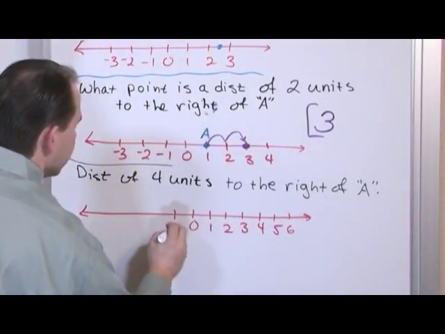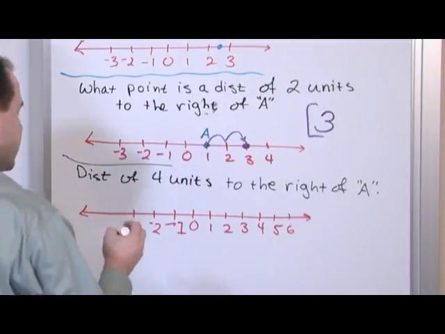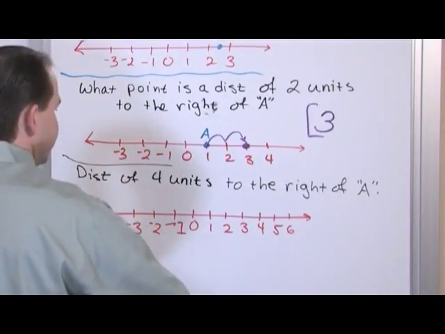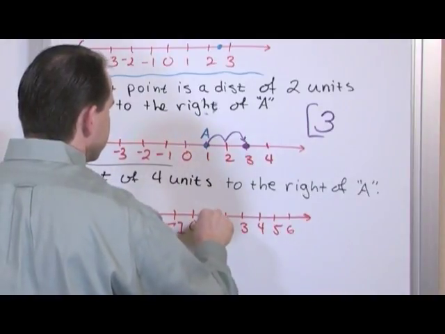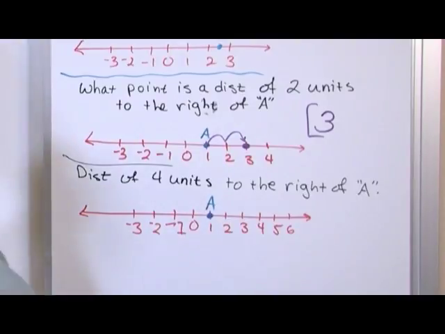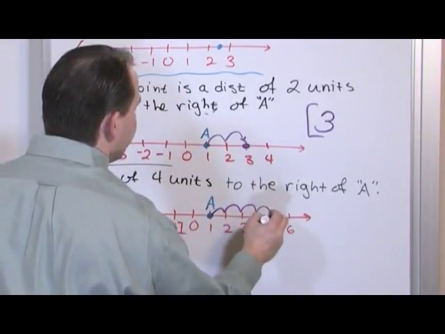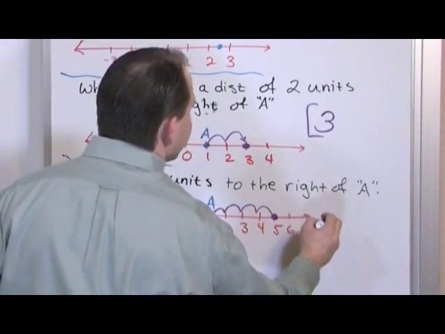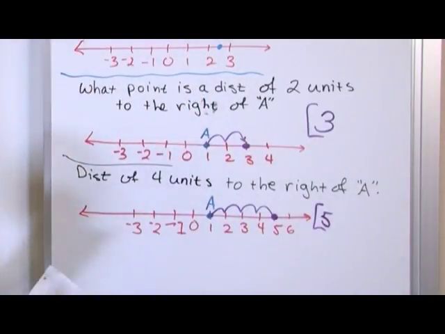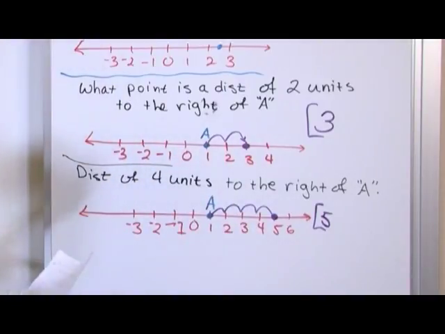And of course, you have your negative numbers. Okay, now A is in exactly the same place as before. So the question is, what point is a distance of 4 units to the right of A? So we start at A and we count 4 units. 1, 2, 3, 4. The answer is 5. Just like you would guess. So you basically start with your point and you count up from there. So this is sort of a graphical way of just doing addition.